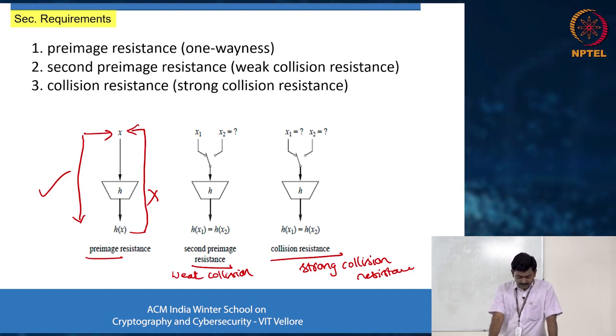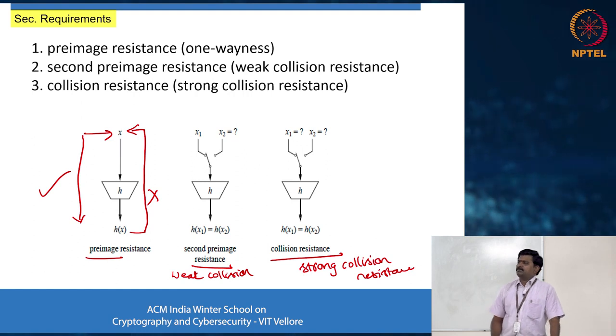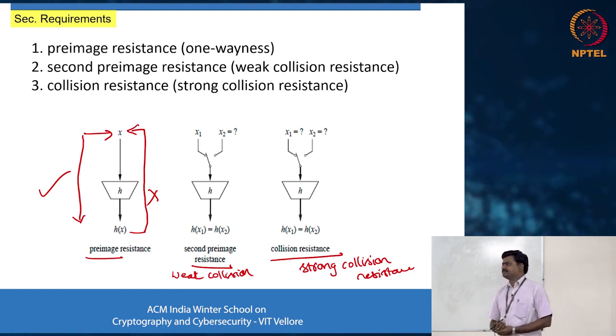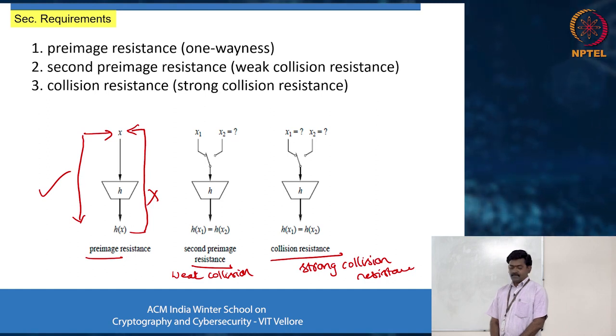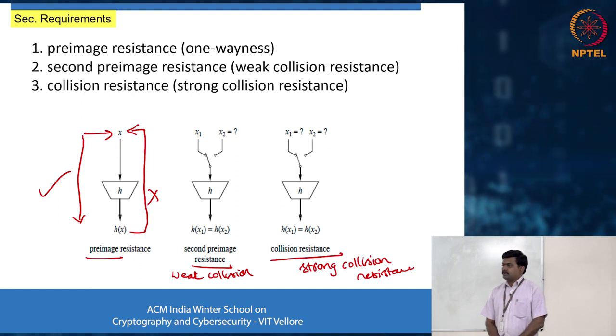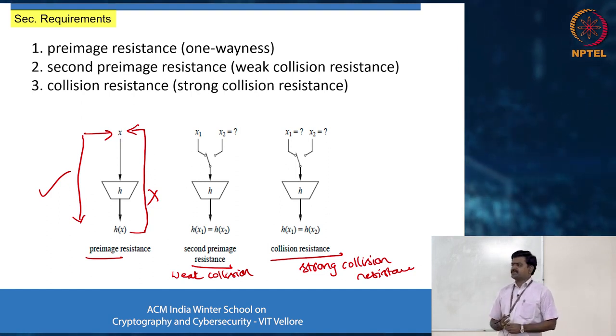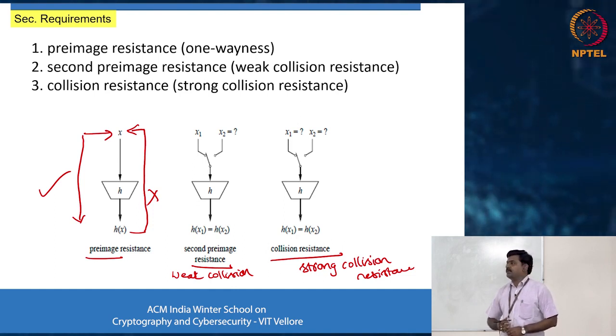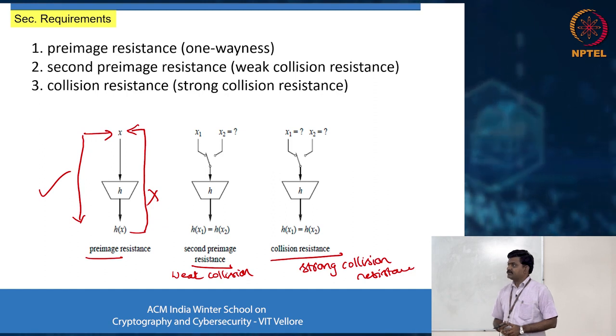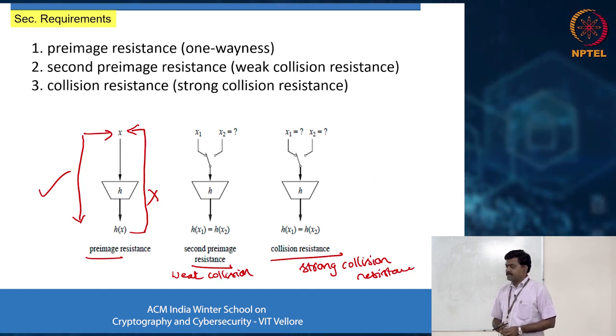Ideally, any hash function should satisfy this particular property, right? All the hash functions we have satisfy this pre-image resistance. Having a plain text, it is possible to create the digest, but having the digest, one should not be able to get the plain text.